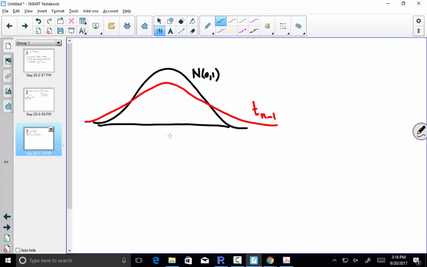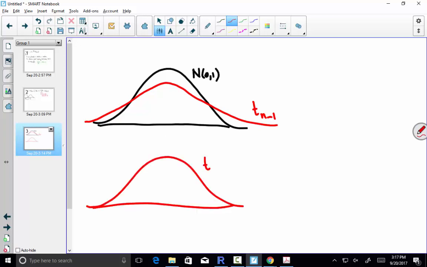If we then draw, say, the t with n minus 1 degrees of freedom, and here's our test statistic. It's way over there on the right. What we're doing is we're assuming the null is true.